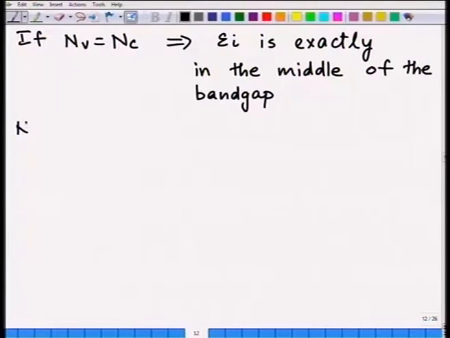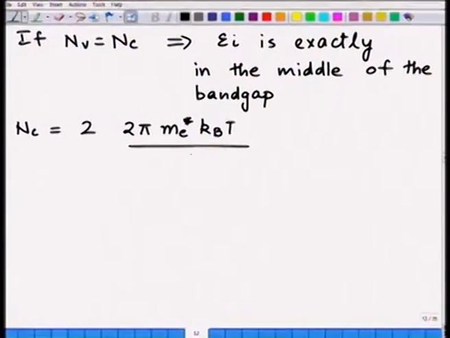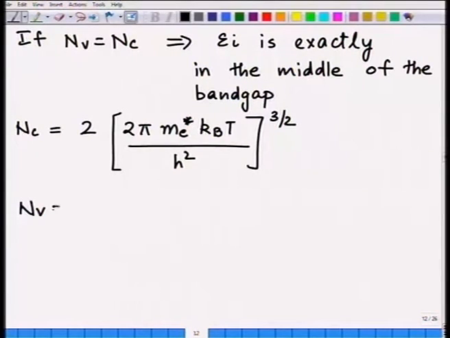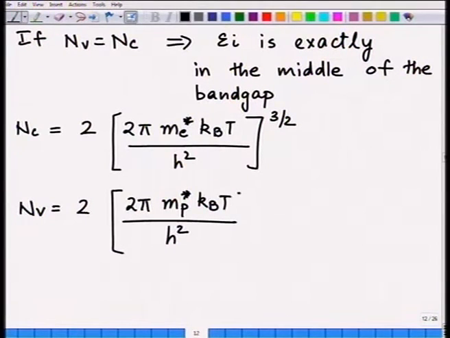So, NC, you will recall, was equal to 2 times (2π me* kBT / h²)^(3/2), h square, not h bar square, keep that in mind, and NV was equal to 2 times (2π mp* kBT / h²)^(3/2), where mp* is the effective mass of the hole.